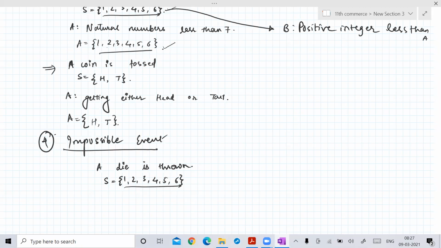Okay, so yes, event which does not contain any sample point.